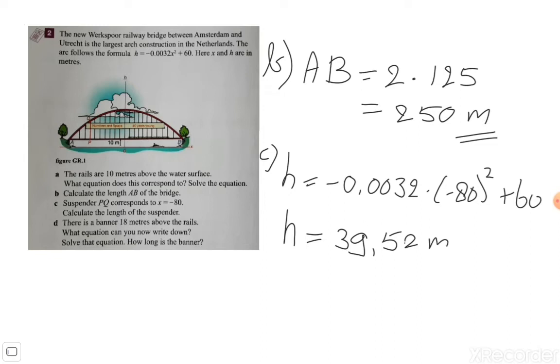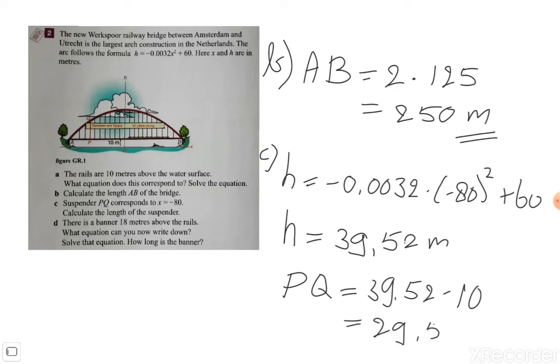But they want to know the length from P to Q. So the height from the water surface of point Q is 39,52 meters. So the length from P to Q is to subtract the height of the rails from the water surface. So 39,52 minus 10, that will be 29,52 meters.